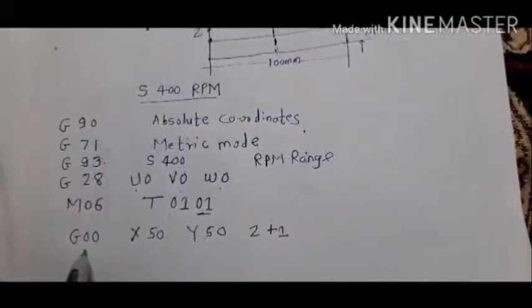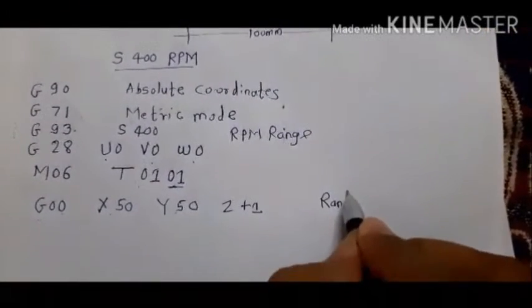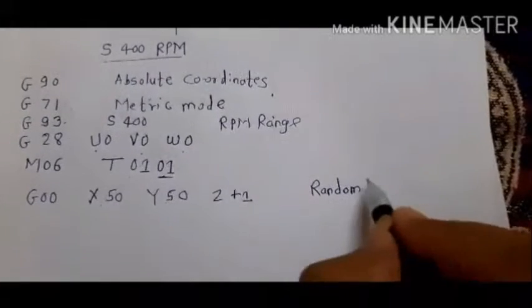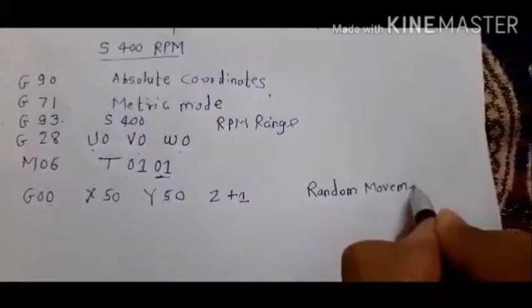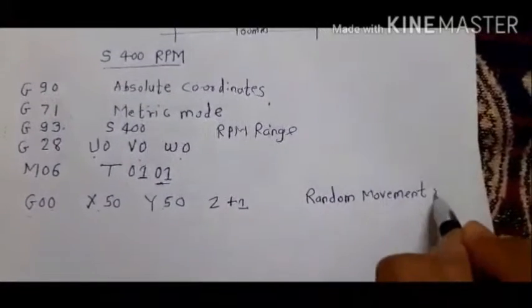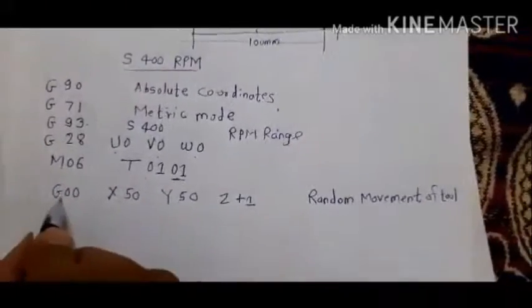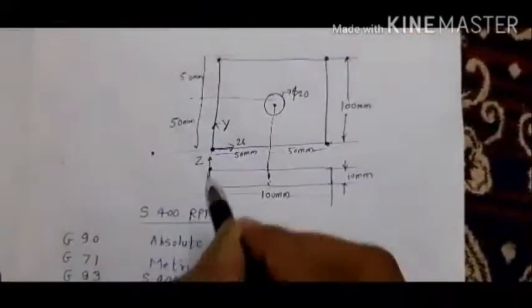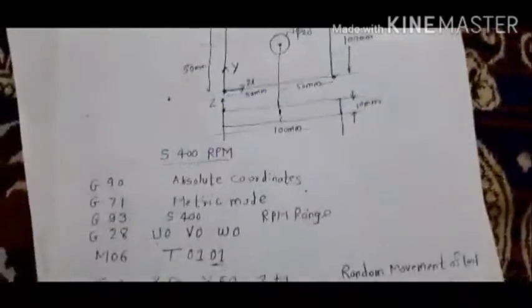So G00 is used for what purpose? For random movement of the tool. For random movement of the tool we are using G00. So the tool is moved from this position directly to this position.